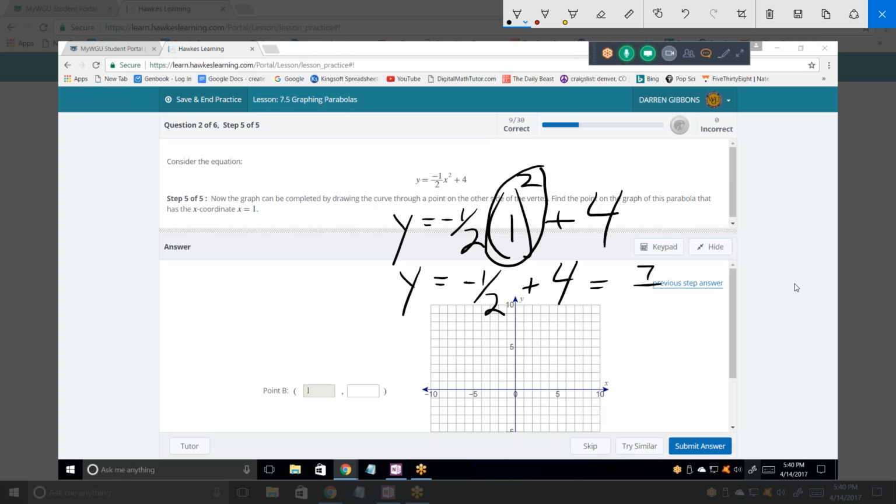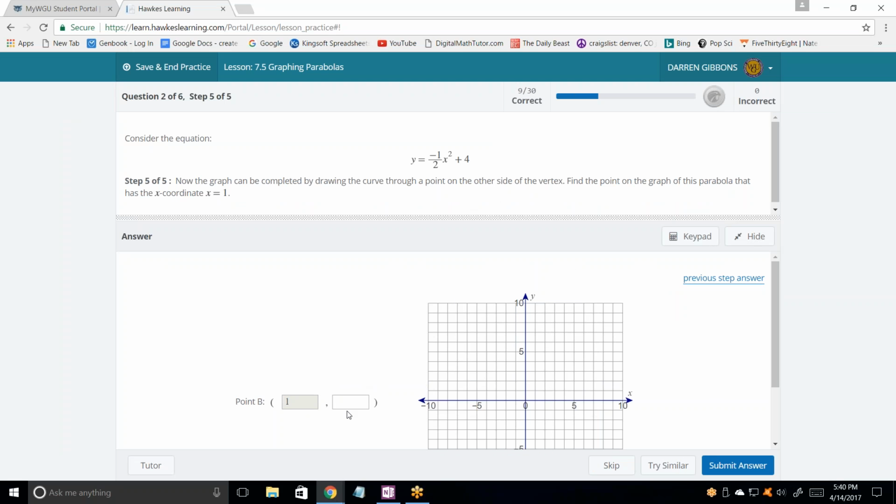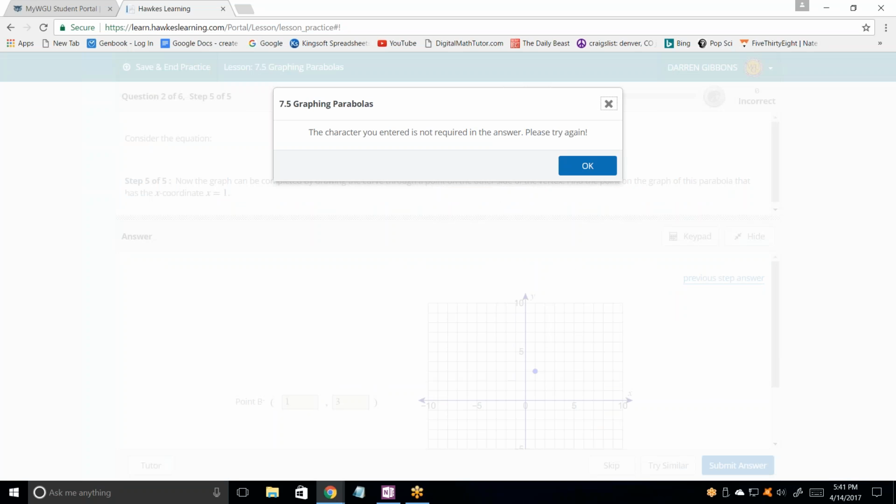I could write that as 7/2 or 3.5, various ways. Let's see which answer it likes. Probably 3.5 is going to be fine. No, didn't like that.